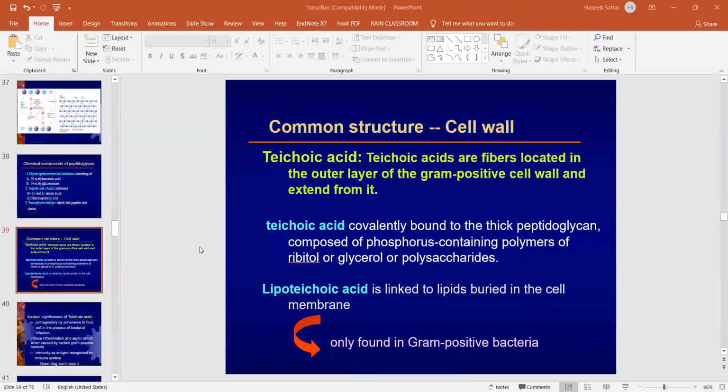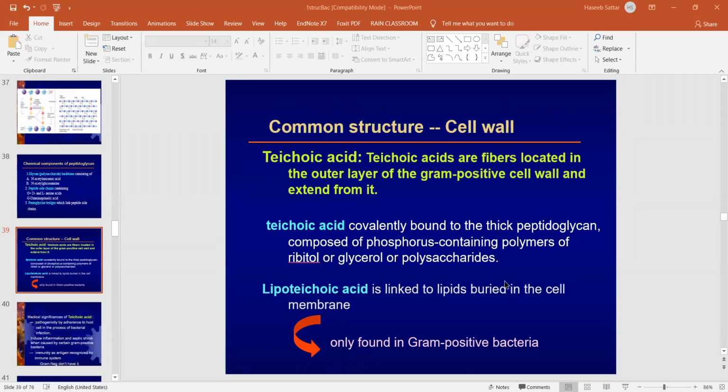Okay, so next we have teichoic acid. Teichoic acids are actually fibers, and they are only present in gram positive bacteria. They are not present in gram negative bacteria.